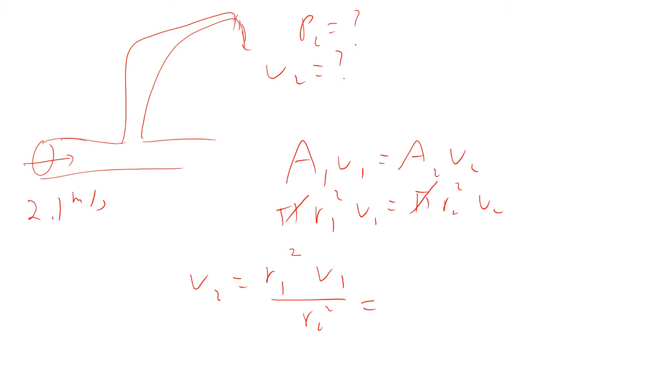And so that comes out to be 2 centimeters squared over 1.5 centimeters squared, times 2.1 meters per second. So V2 is 3.73 meters per second.